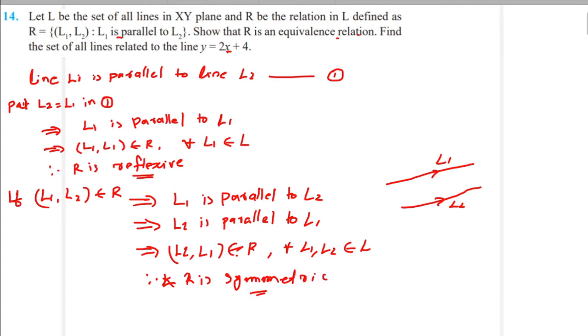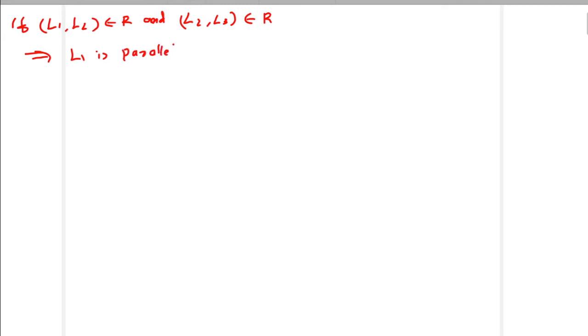Next you have to show this is transitive. So we take if (L1, L2) belongs to R and (L2, L3) belongs to R, this implies L1 is parallel to L2 and L2 is parallel to L3.